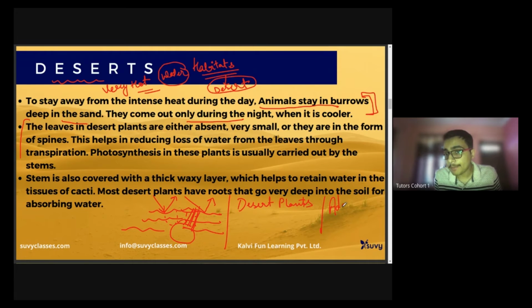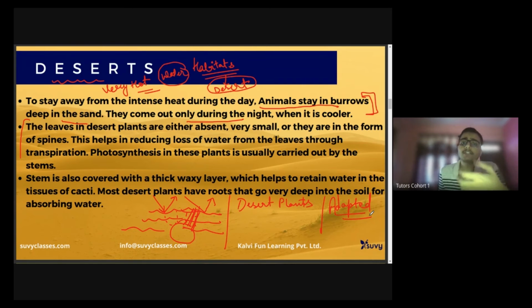So what are these adaptations? For example, if I have to live in winter in a colder region, I need to wear a sweater or a jacket so that I can survive. Similarly, plants in desert areas need some special features, some special clothes, so that they can survive.